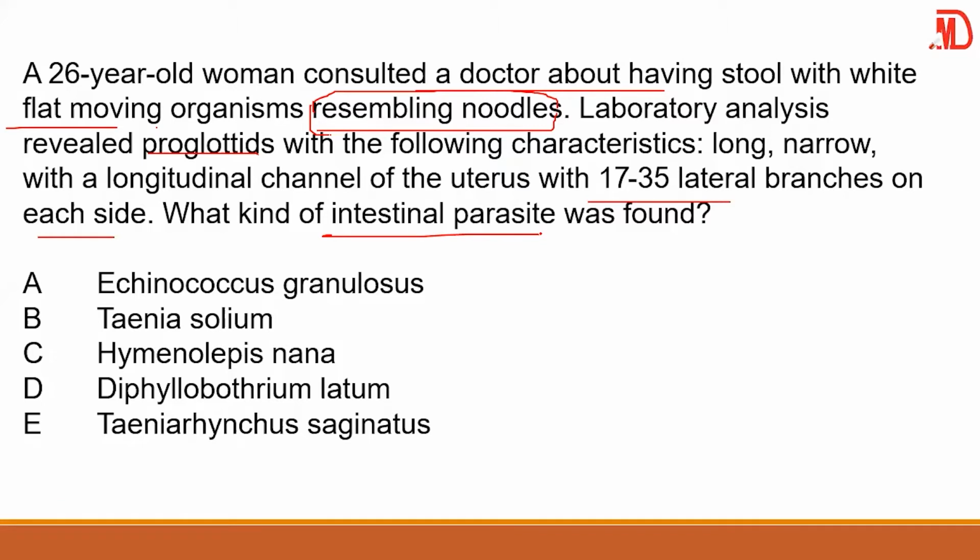All of them are tapeworms anyway, but Taenia saginatus has 13 or more uterine branches, whilst Taenia solium has 5 to 12. So this is one of the key things that can help you differentiate between solium and saginatus.